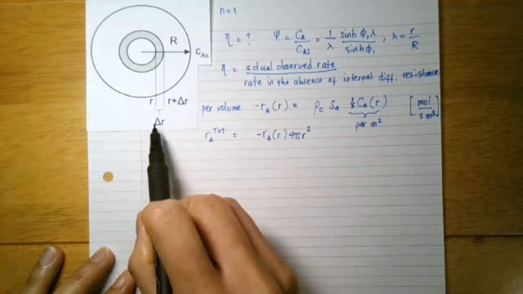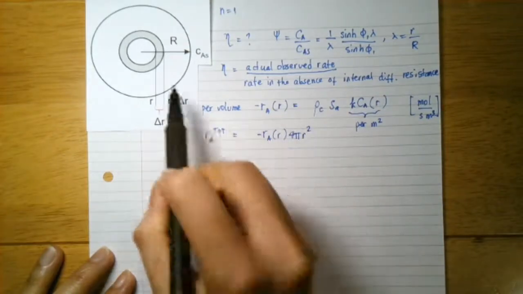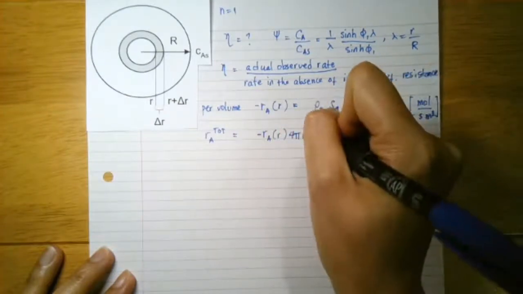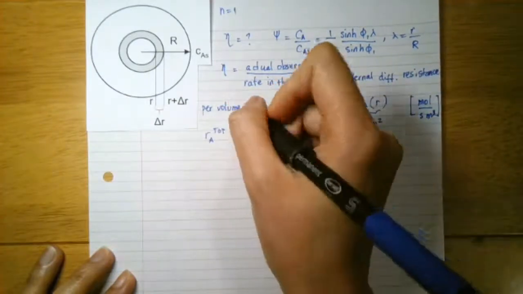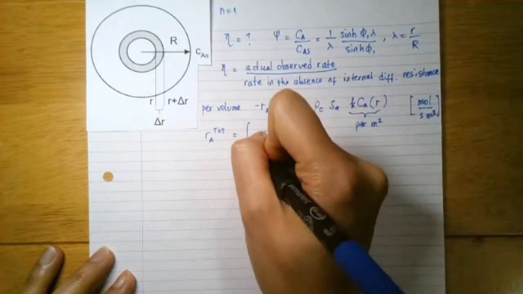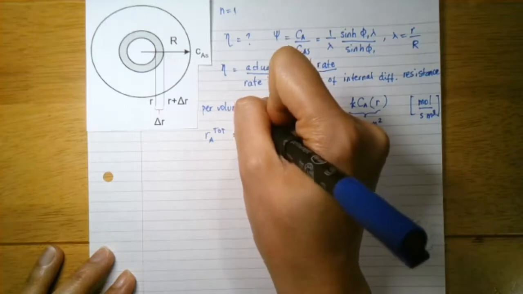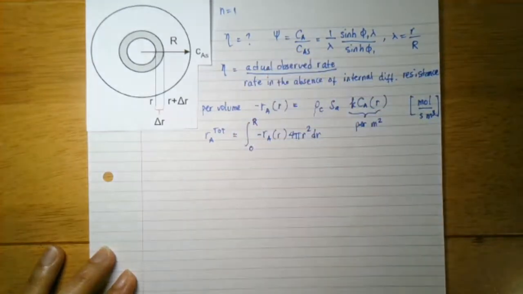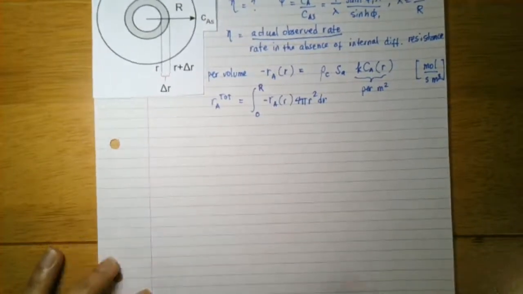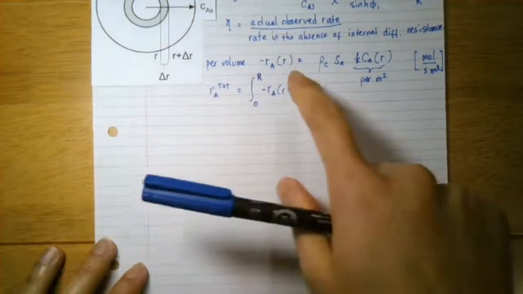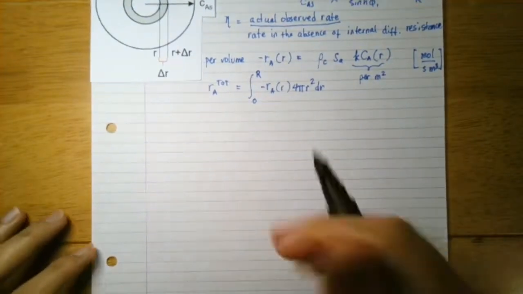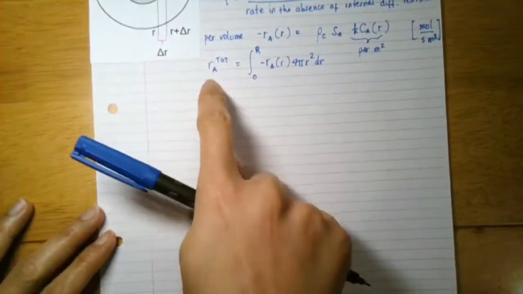So the volume is the surface area times the thickness of the control volume, dr. Then we integrate this over all r, from 0 up to the radius of our catalyst pellet, capital R. Now we can substitute the expression that we have for RA of R and evaluate the integral to get the total rate.